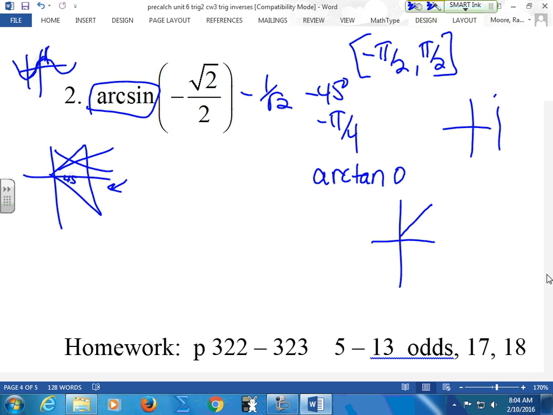So let me draw my tangent curve. Where is tangent 0? Look at that, I can see it right here. Isn't it y over x? So my answer is 0 radians or 0 degrees, whatever you want to call that.